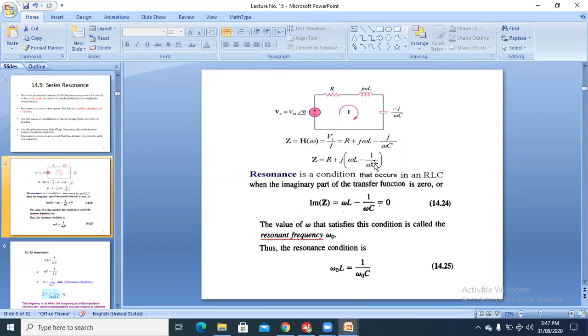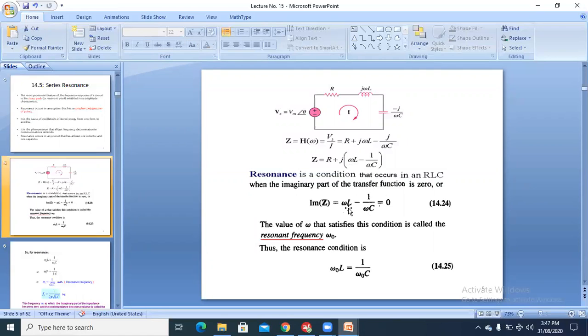So for a resonance condition, this impedance is equal to the resistive component only, and we want omega L minus 1 by omega C to be equal to 0 for the resonance condition to occur.